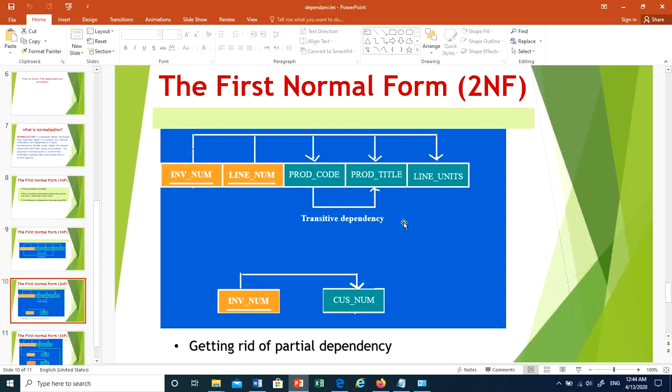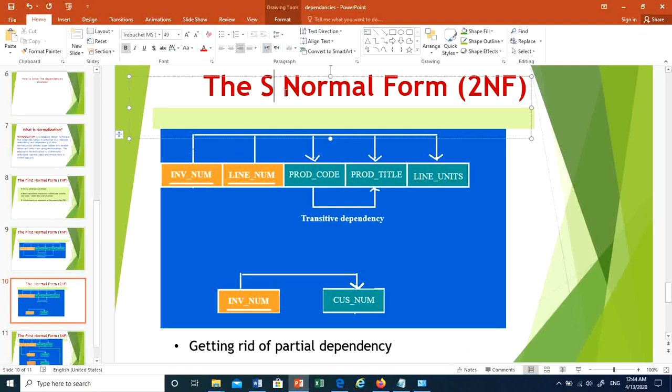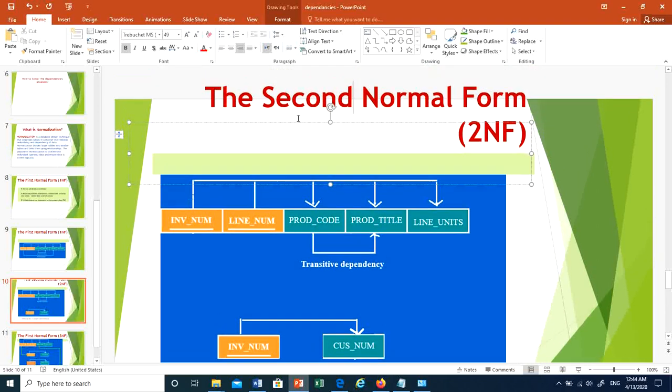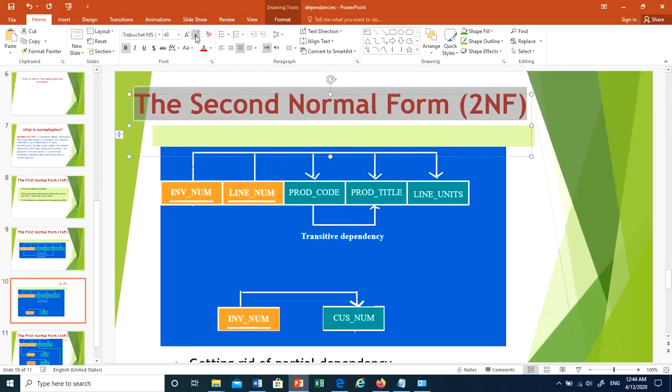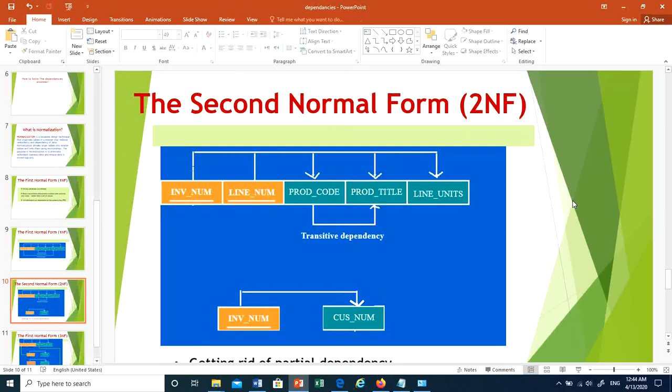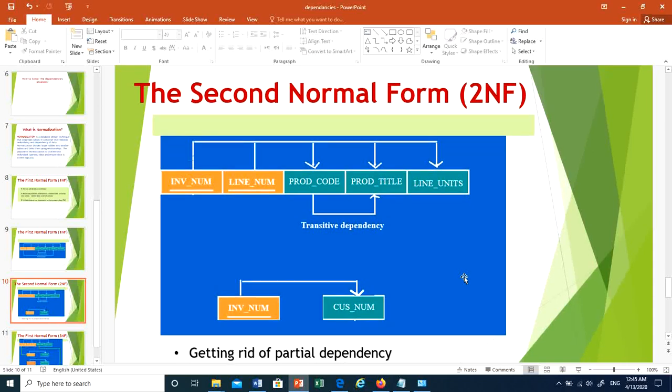And this diagram, we call it the second normal form, because the second normal form simply means the design has the transitive dependency, but there is no partial dependency. And here I see no partial dependency, but there is transitive dependency.